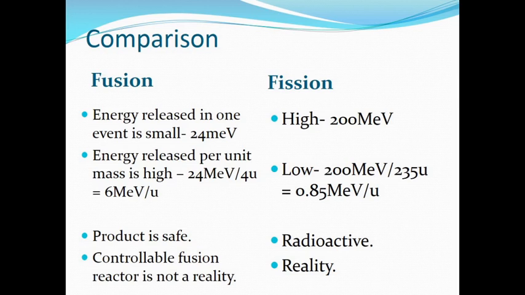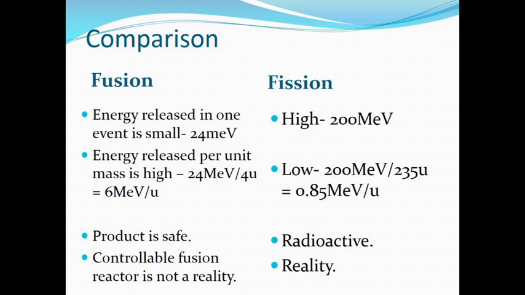See, in the case of fission, 200 MeV is the energy released in a fission process, and there the nucleus was uranium-235, isn't it? So 200 MeV divided by 235 U is only 0.85 MeV per U, that is the energy released per unit mass. It is low in the case of a fission reaction.